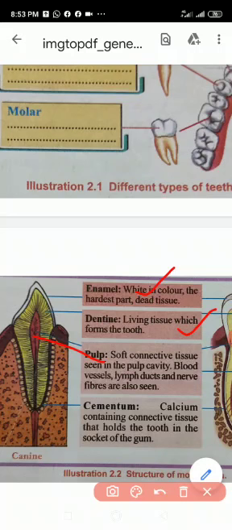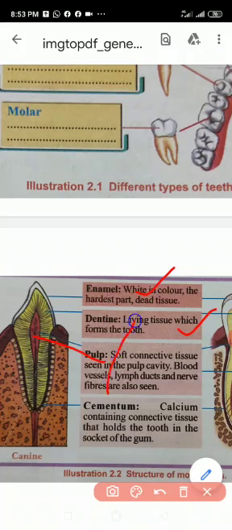So blood vessels are for supplying or circulating food materials and oxygen to the living tissues, and also lymph ducts are there, nerve fibers are there, isn't it? So the nerve fibers make the teeth very sensitive. So this is the third part. It is in the middle part of the teeth, that is the pulp.